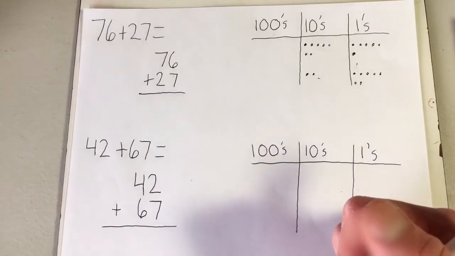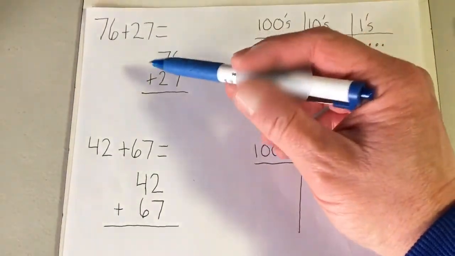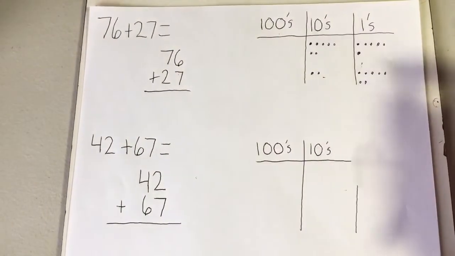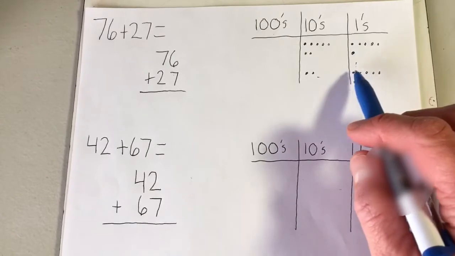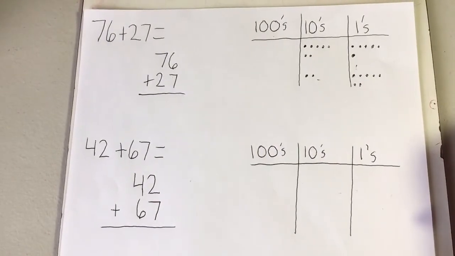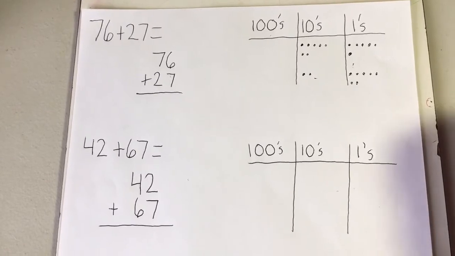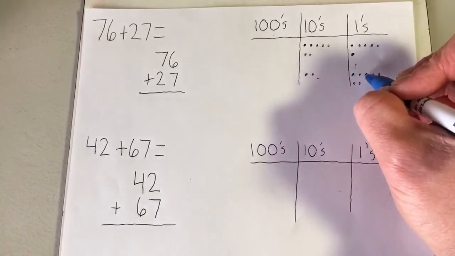Now remember, when adding, you always start in the ones place. 6 plus 7, always starting in the ones place. So I have 7, let's see, 6 here, 6, 7, 8, 9, 10, 11, 12, 13. So what I need to do is bundle a 10, or compose. So there's 1, 2, 3, 4, 5, 6, 7, 8, 9, 10.